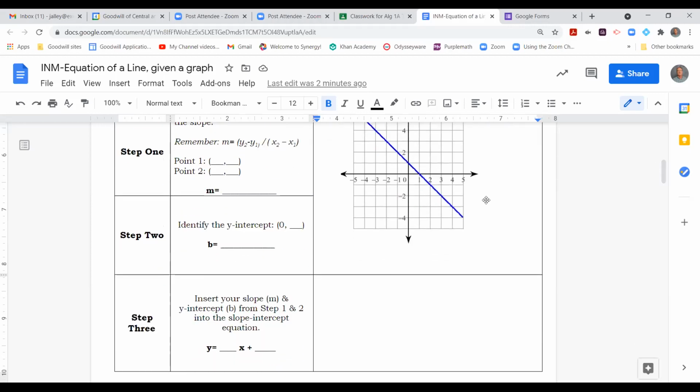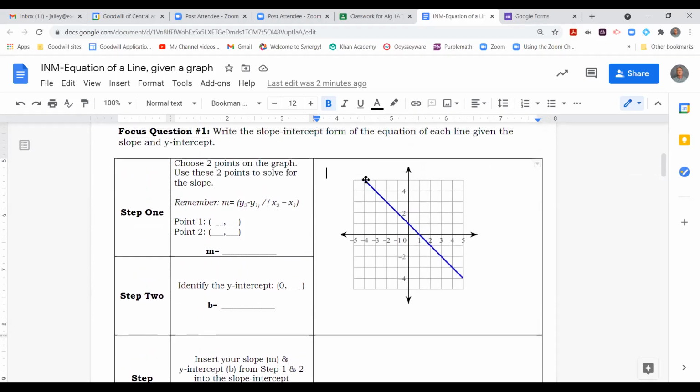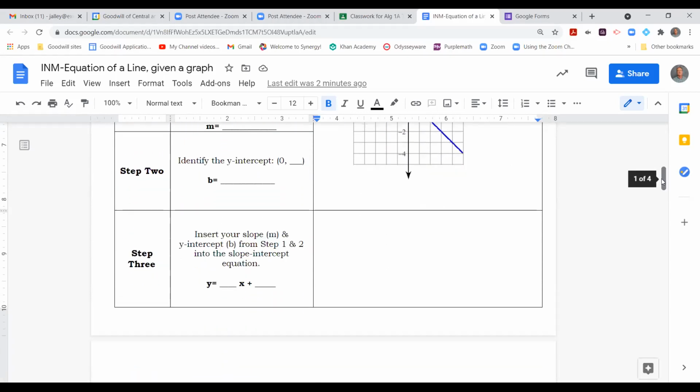If you wanted to do the calculations, it wouldn't matter which 2 points you picked on the line. You could go down here to 4, -3, all the way up here to -4, 5, do the calculations. You're still going to get the same answer. It's just so much easier when you can see it and use the graph.